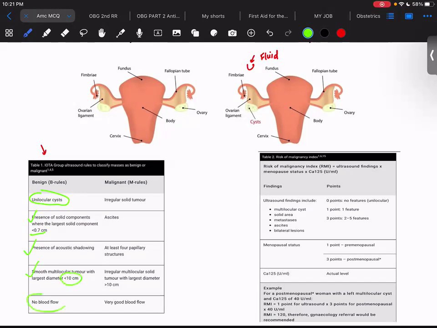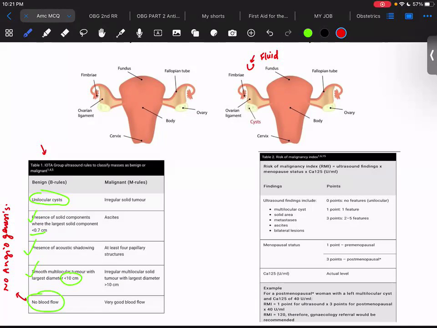They all are the characteristics of a benign ovarian cyst. No blood flow means there is no angiogenesis, and this is a characteristic of a benign ovarian mass.